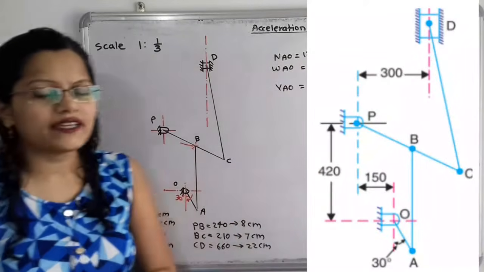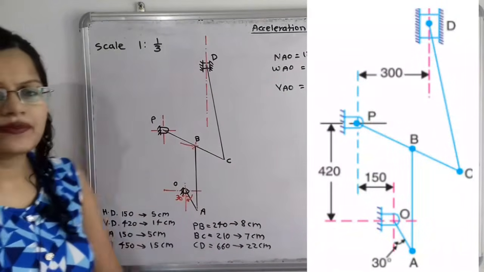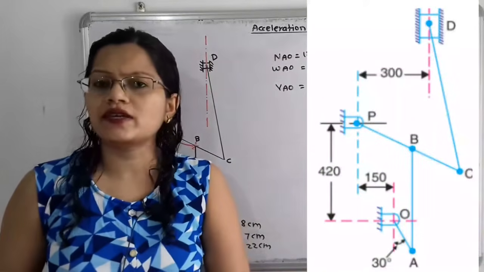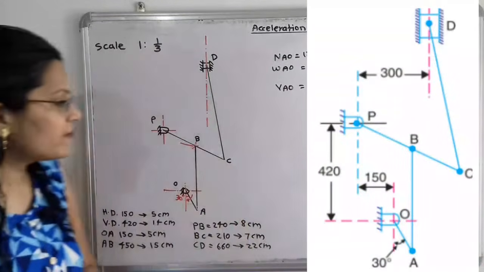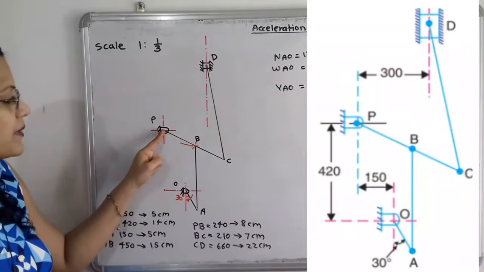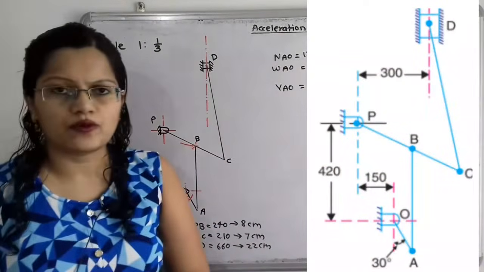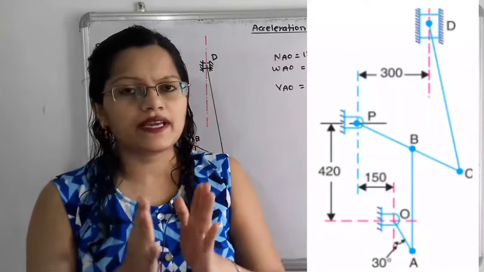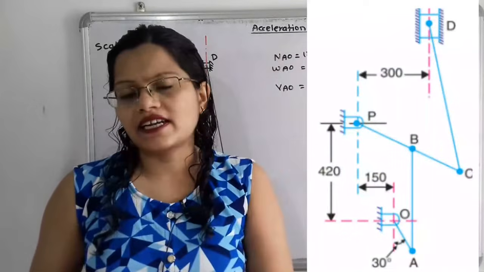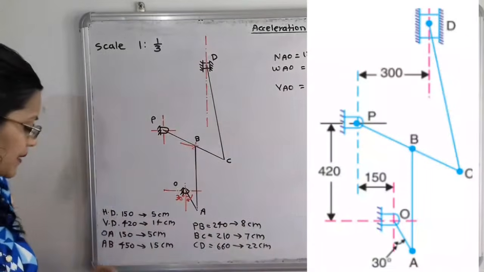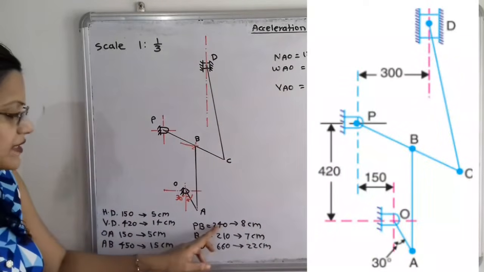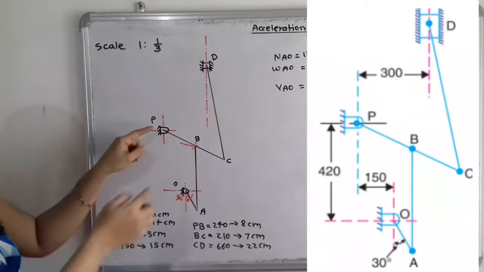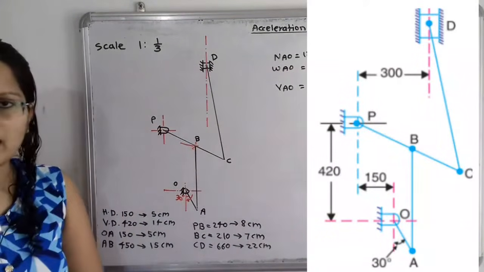Now from this point A there is the link AB, but its inclination is not given, so we have to plot the point B. From the fixed point P, there is the link PB also. So we will take the fixed point P as a center. The distance PB is given as 240 mm, so as per scale we have to take 8 cm distance and mark one arc.